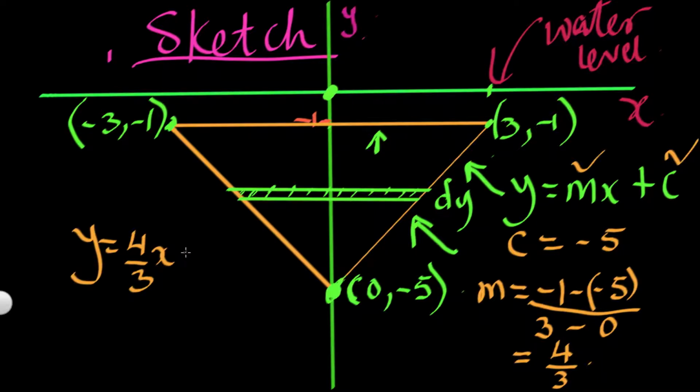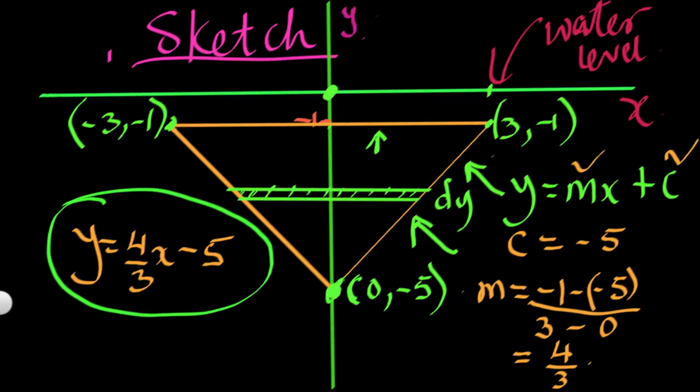So it's 4/3 x minus 5. Done. We have done the first part of the question. This is the relationship between the variables x and y. Why do we need this relationship? We are going to need it in calculating the other part of the question.